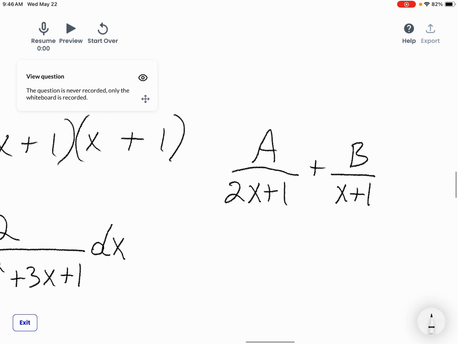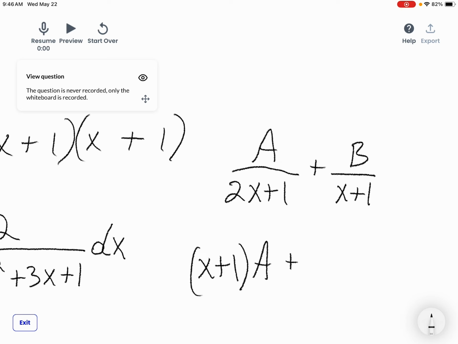So we get x plus 1 times a, over that same bottom of x plus 1 times 2x plus 1, and then plus b times 2x plus 1, because we're multiplying b over x plus 1 by 2x plus 1 over 2x plus 1, and that's going to be all over the same bottom.